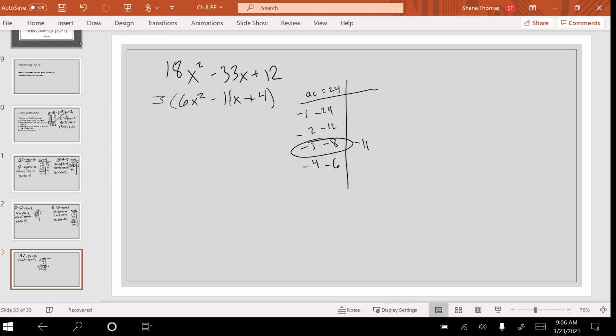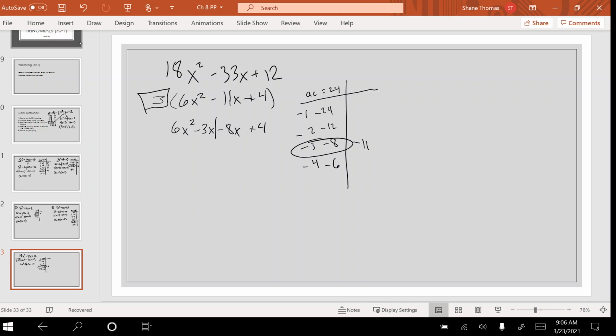Now that first 3, he's just chilling right now. Okay? So I put the -3 and the -8 in for 11. So 6x squared minus 3x minus 8x plus 4 right there. Split it.